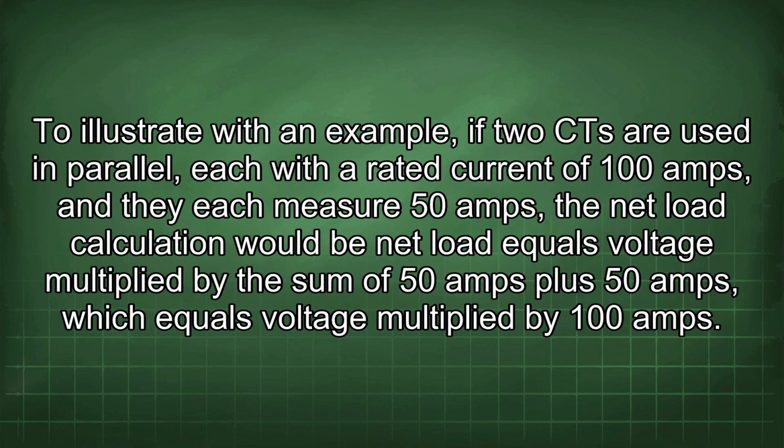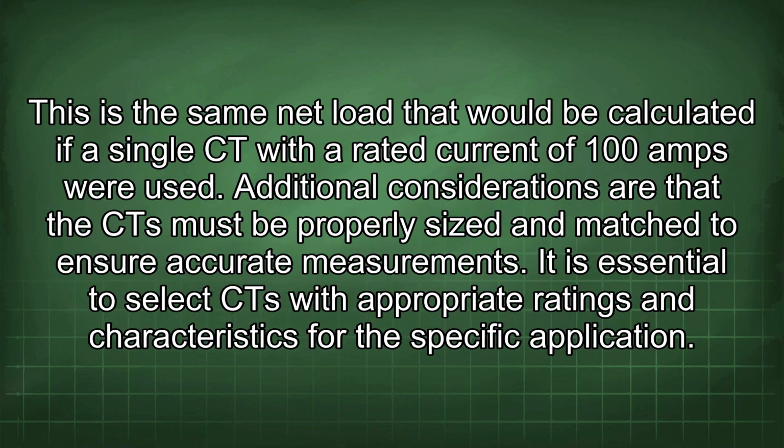To illustrate with an example, if two CTs are used in parallel, each with a rated current of 100 amps, and they each measure 50 amps, the net load calculation would be net load equals voltage multiplied by the sum of 50 amps plus 50 amps, which equals voltage multiplied by 100 amps. This is the same net load that would be calculated if a single CT with a rated current of 100 amps were used.